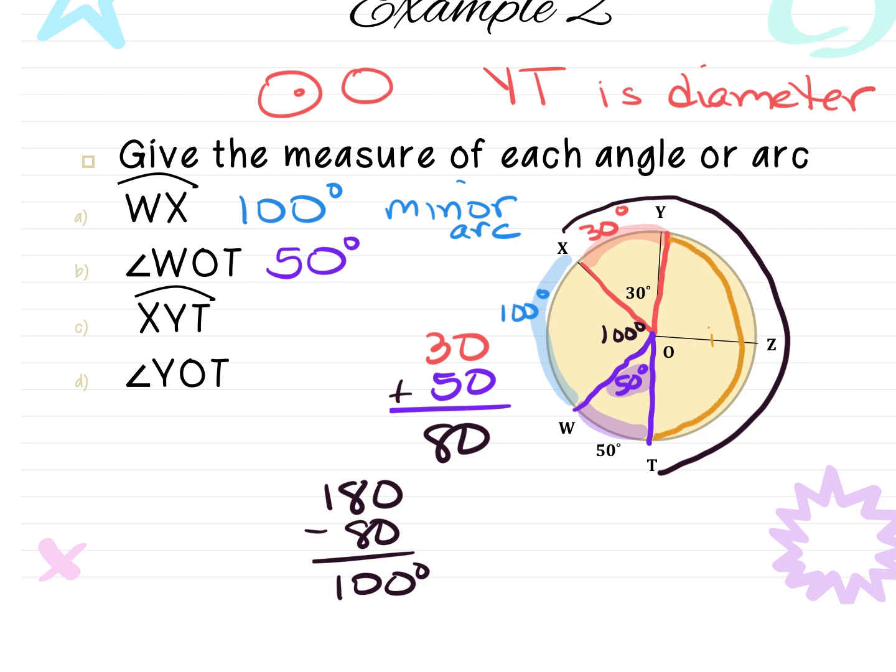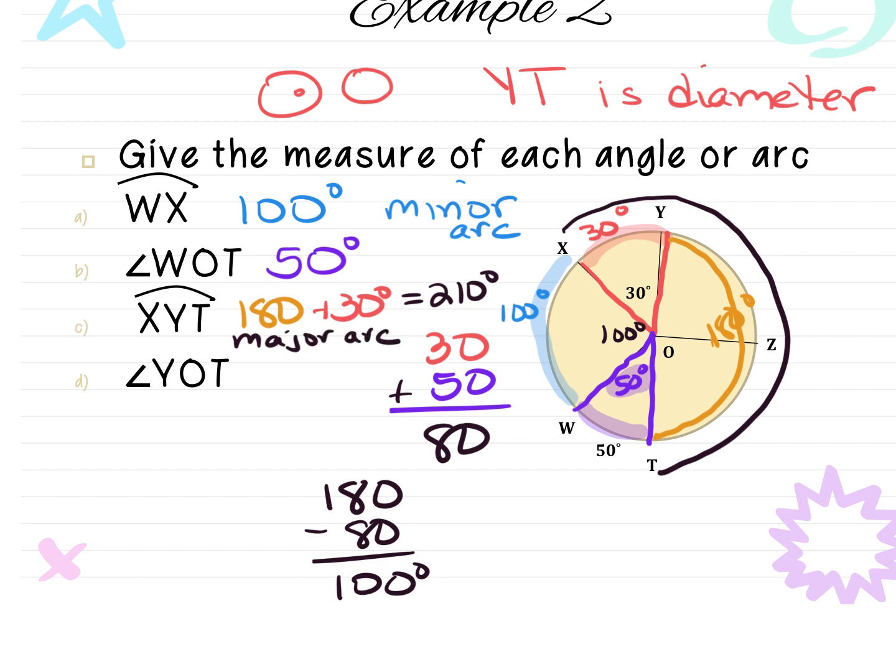And if this piece is 180, all I have to do is 180 plus that minor arc of 30, and arc XYT is going to be 210 degrees. This is more than half the circle, so this is a major arc.